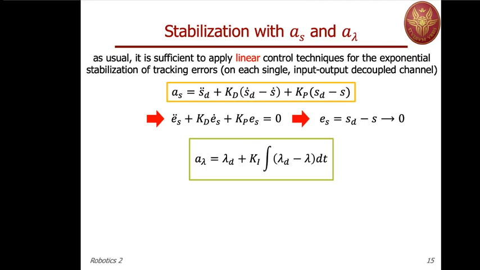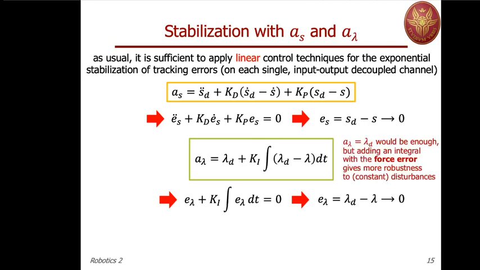Why are we doing this? In fact, this implies that the error defined as the difference between lambda d and lambda goes to 0 as long as Ki is positive. We will again choose Ki as a diagonal matrix so that we keep the decoupling.